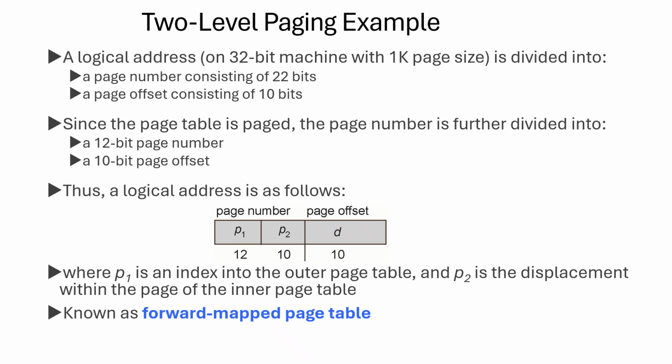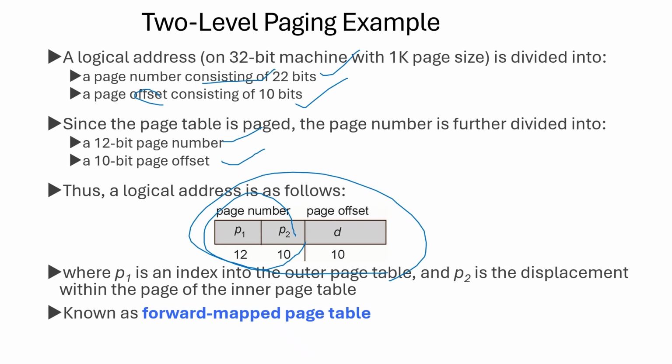In the two-level paging example, a logical address is divided into a page number consisting of 22 bits and an offset consisting of 10 bits, totally 32 bits. The 10-bit offset is common. The 22-bit page number is further divided into two levels, page table 1 and page table 2.